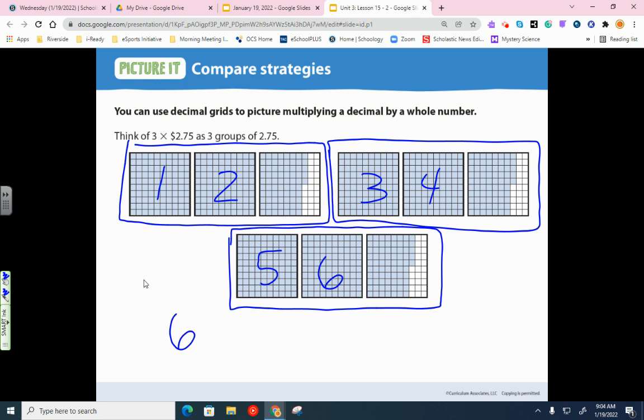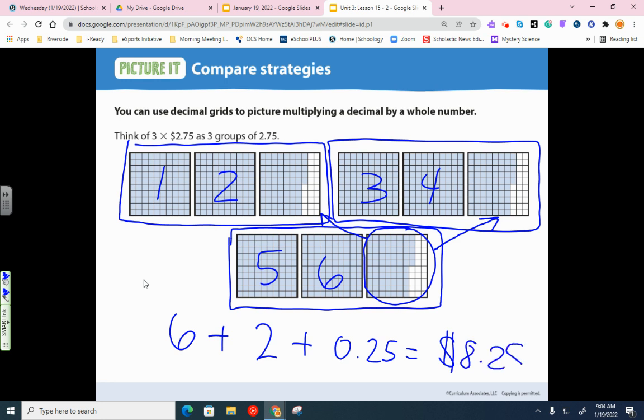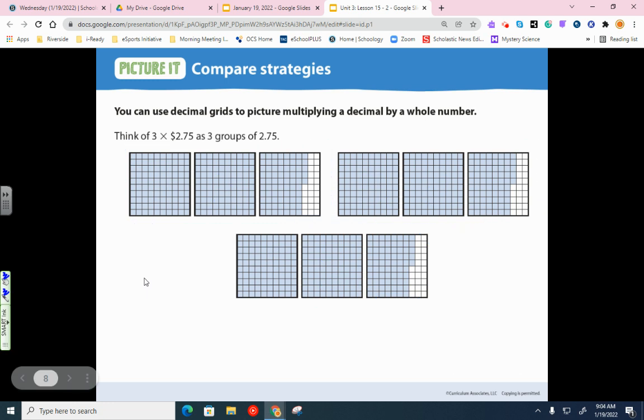So we've got 6 total, plus if we take this last one and take some of those and distribute them between these two, that gives us two holes, and then we're going to have 75 left. And that gives us our 25 left. If we add all those up, that gives us our 825. So modeling is a way we could do it. Not really what we're going to focus on though.